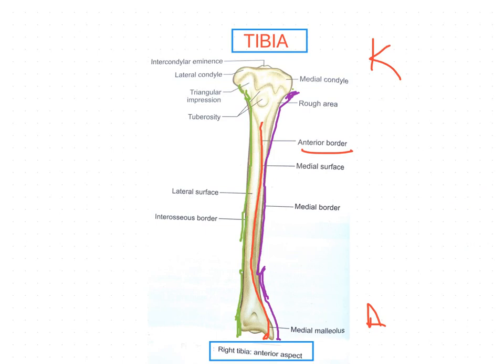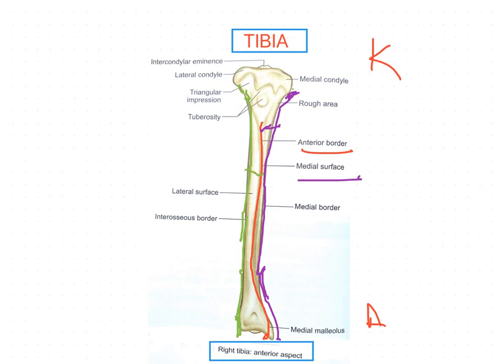The surface present between the anterior border and the medial border is called the medial surface. Now we will see the lateral surface. The lateral surface lies between the anterior border and the lateral border.